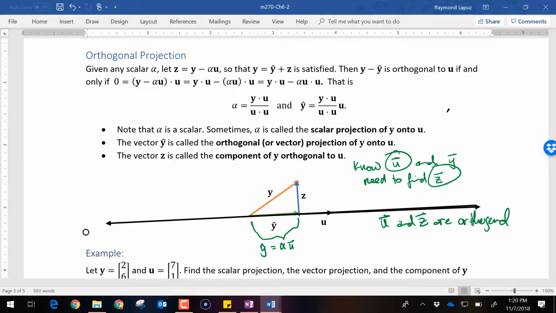And after that, they might give us another vector, and we want to find another vector that's perpendicular to u and z. And so we'll build on that in the next section. That's what we're going to try to do: build a bunch of orthogonal vectors from a set of vectors that may or may not be orthogonal. Okay, and I'll bring more sticks next time so that we can see it.